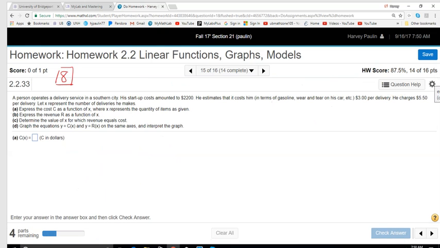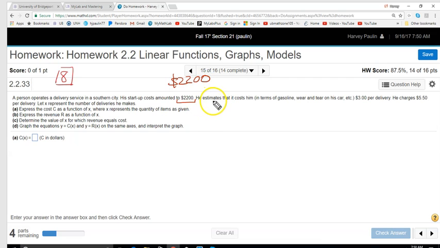Now, this one question is in 4 parts, so we'll do much of it together. So a person's going to operate a delivery service. He figures his startup cost is going to be $2,200.